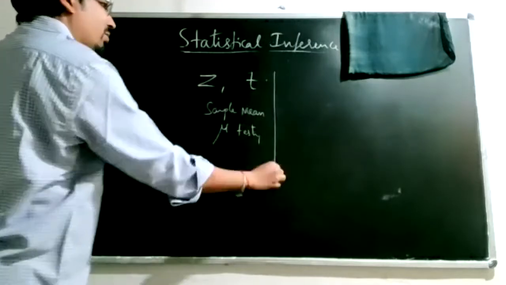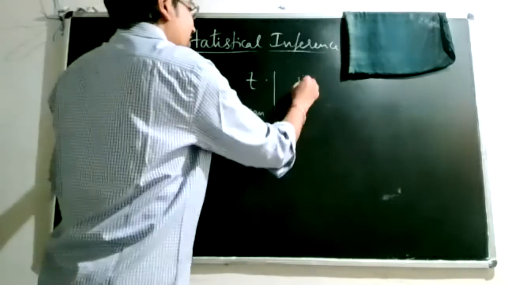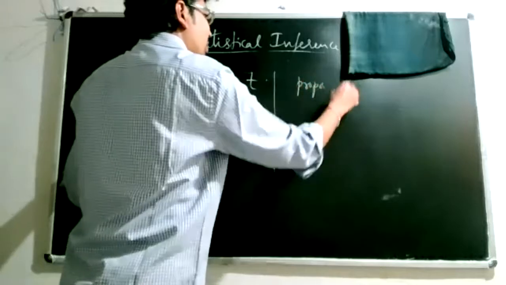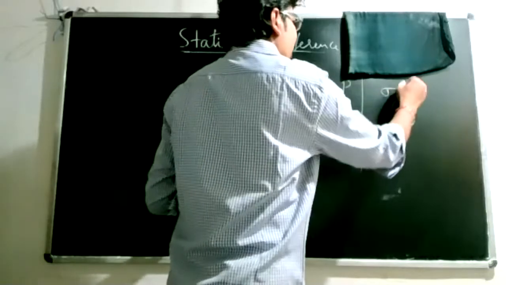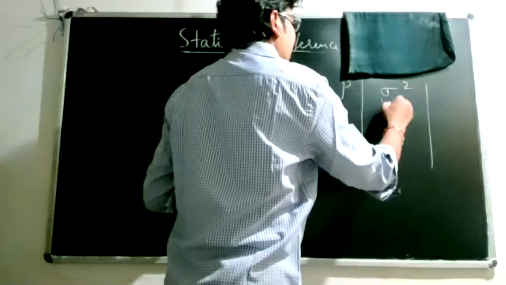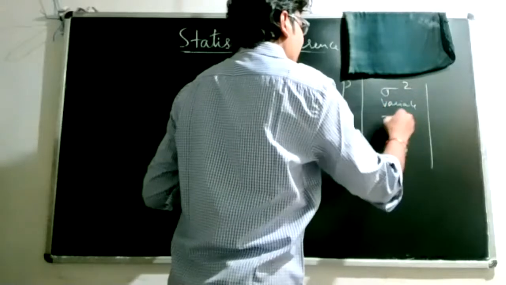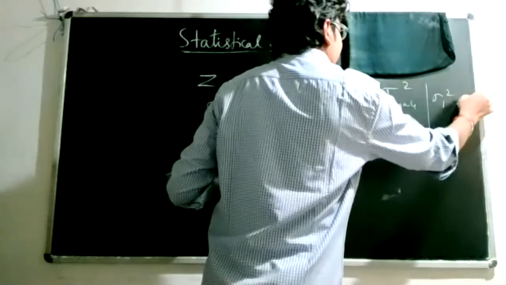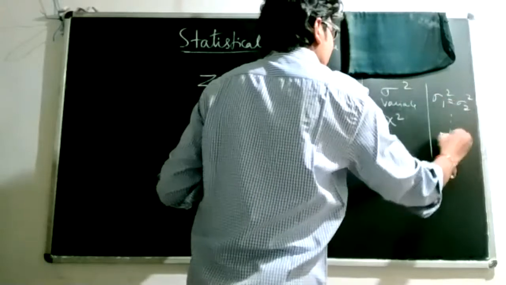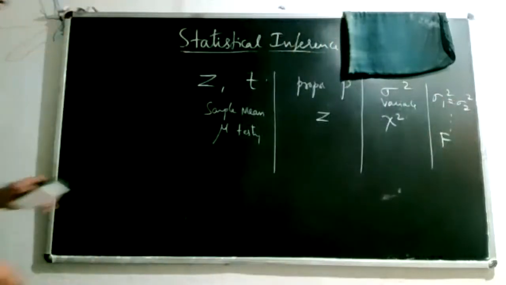In that case, you can use Z and T. If you're testing any population proportion, then you can use the distribution Z. If you're talking about testing variance of a population, in that case, you can talk about chi-square. If you want to talk about ratio or equality of two sets of variances, you can talk about the F distribution.